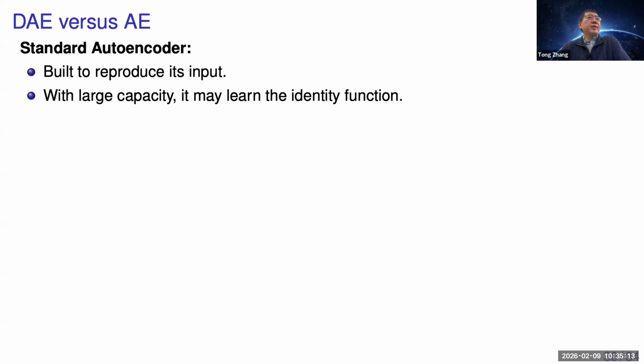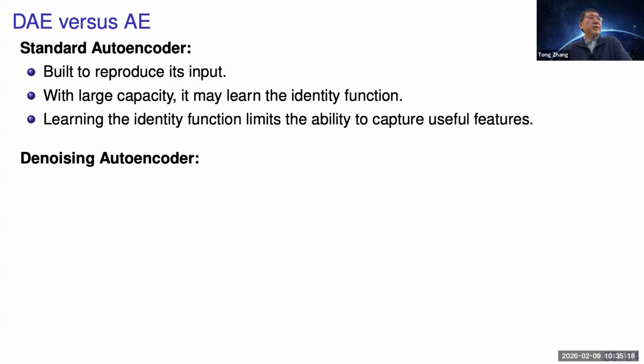We want to learn something more meaningful than identity. Certainly compression, like a small bottleneck dimension, is a good part of that, but then it may not be enough in some applications.